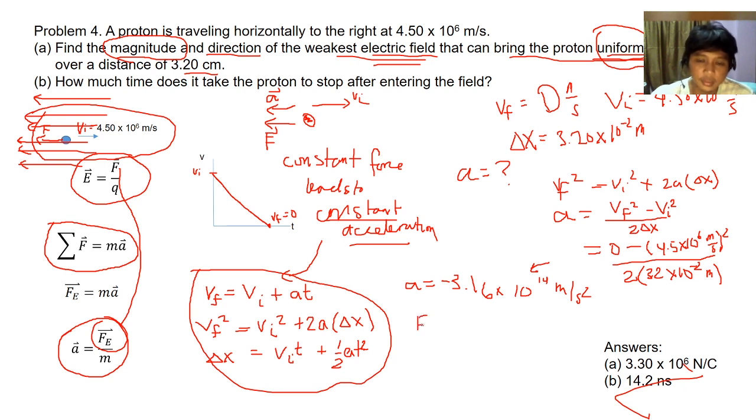So the electric force is just the mass times the acceleration. And we all know that the mass of a proton, you do your research, it's 1.67 times 10 to the negative 27 kilograms. Kind of memorize that. You will too in the future. And this is taking so much time.